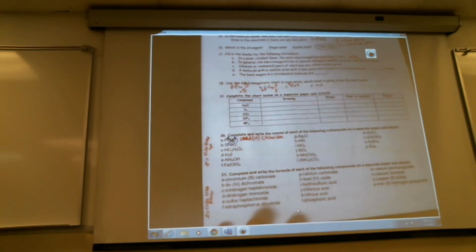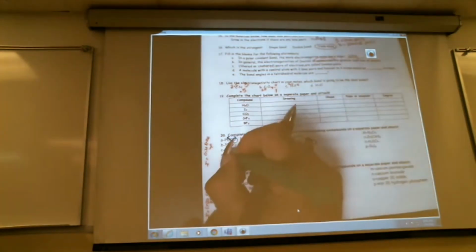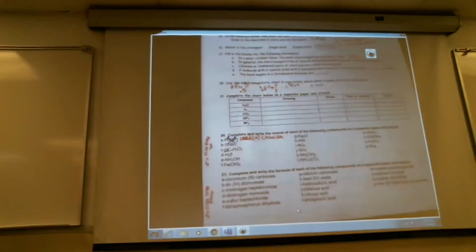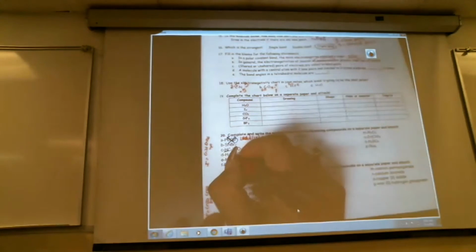H, don't forget, if you have an H, that's an acid. H2O is not called water. H2O is going to be a covalent bond. That's when we have to have our prefixes.